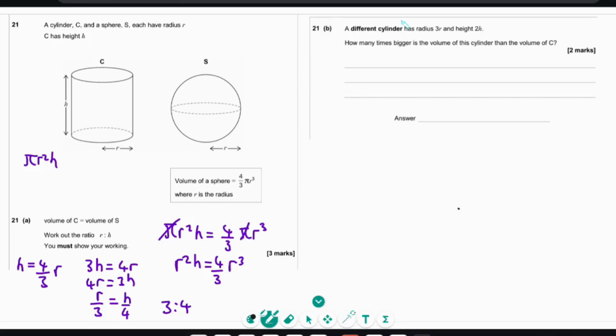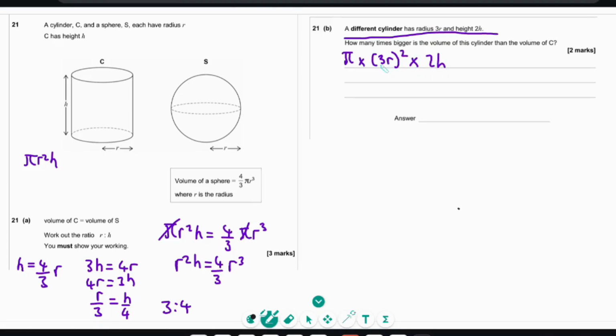A different cylinder has radius 3r and height 2h. How many times bigger is the volume of this cylinder than the volume of C? Okay, so let's work out the volume of this different cylinder here. Pi r squared h, so pi times r is 3r. 3r squared times 2h.